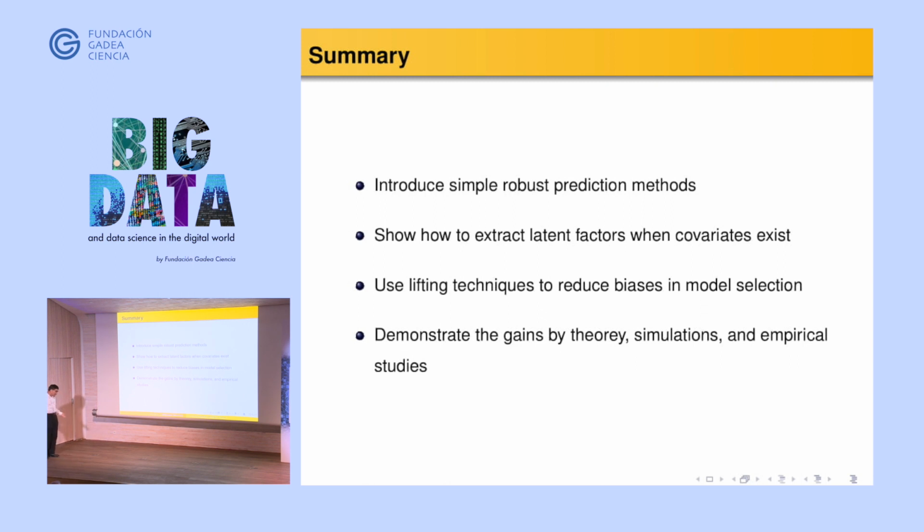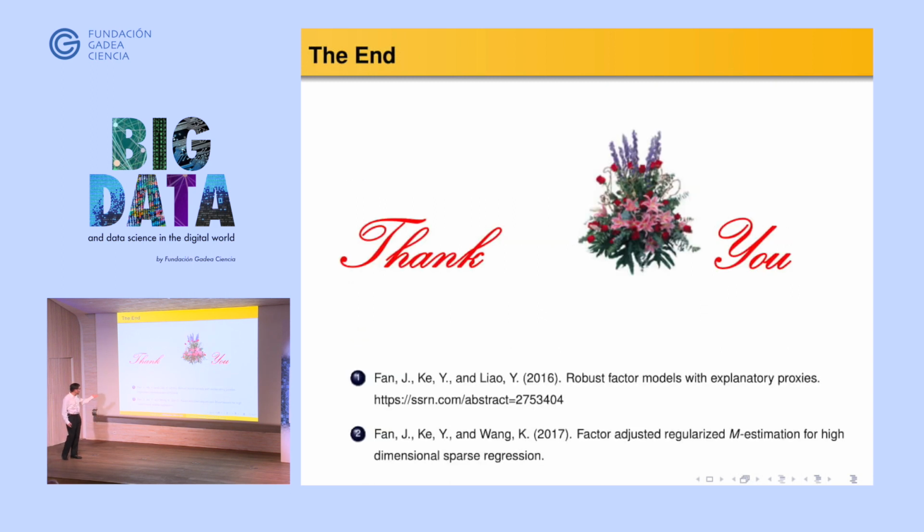By lifting the space up, you reduce significant biases in model selection because in this case all covariates are now weakly correlated. And of course, we demonstrate the gain by theory, simulation, and empirical studies. And if you really like, we have two papers here that I just put down here. Thank you very much.